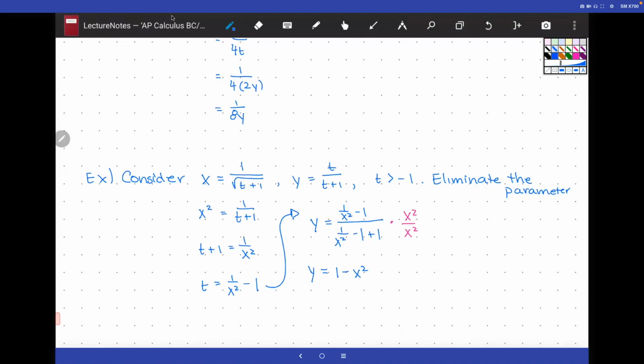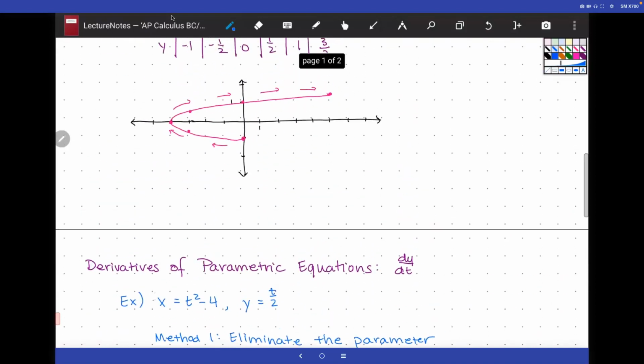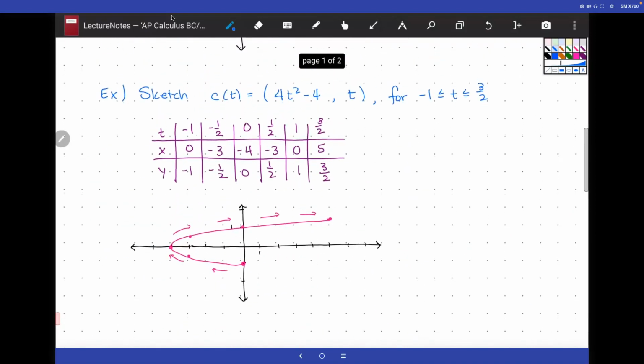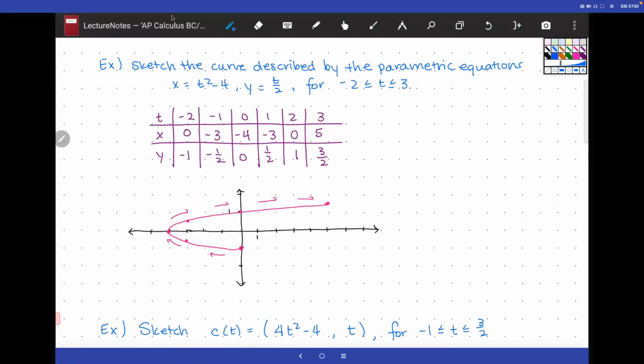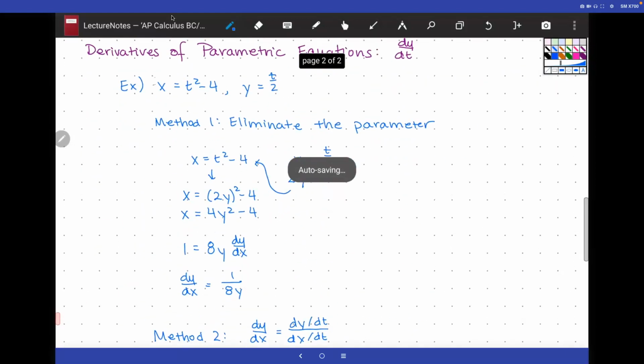You are seeing it. So compare what we started with. Remember we had this graph to begin with? Well, I guess we had this one. This was our first graph. Was it the entire parabola? It wasn't the entire parabola. And then we can see when we actually did this problem, that was the same parametric equations.